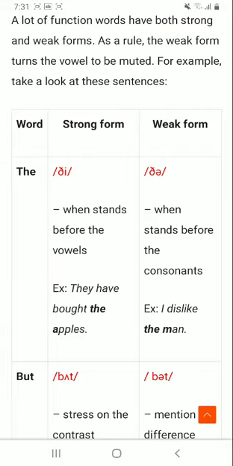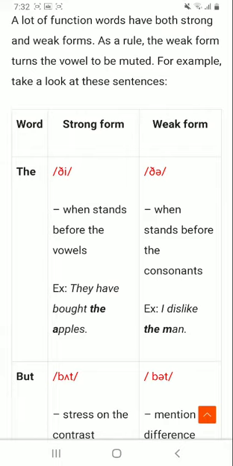Apples is a vowel word. So when I put the before the vowel sound, it is very clear it comes under the stronger form. Then come to the weaker form.